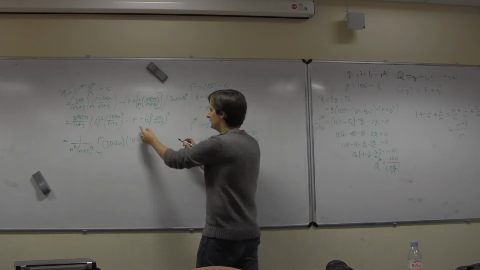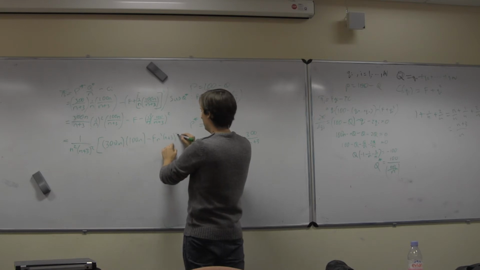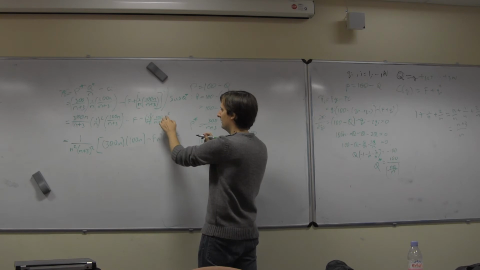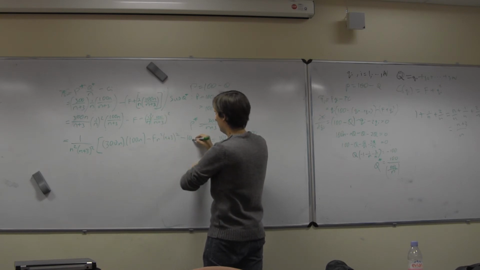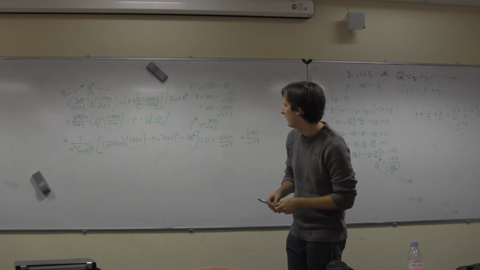Here we've got minus f, which becomes minus f, n squared, n plus 3 squared. And then here we've got just 100 squared, minus 100 squared.